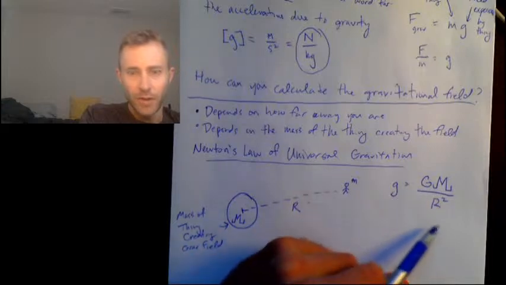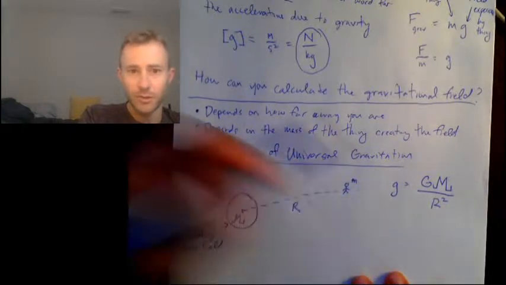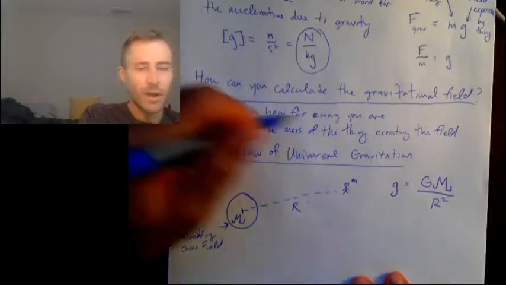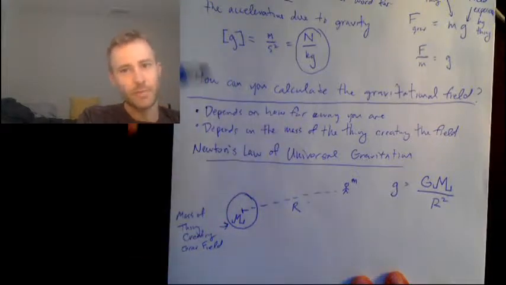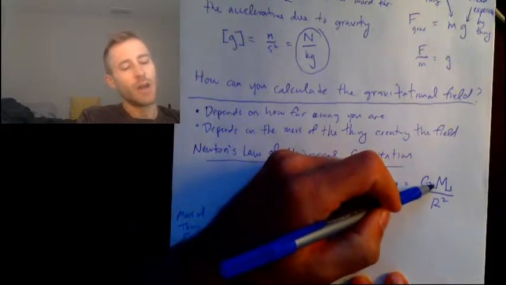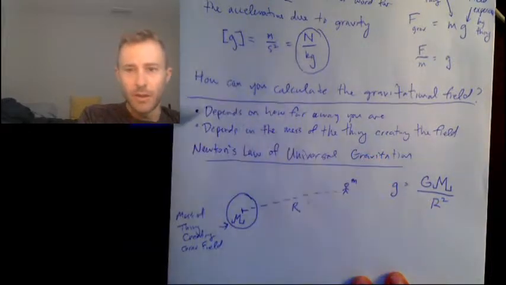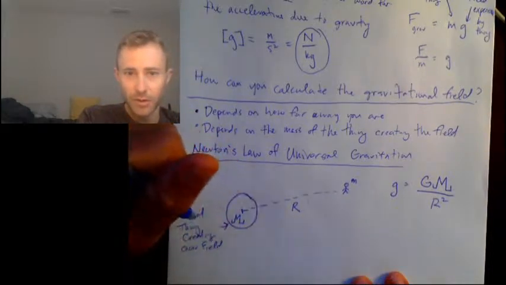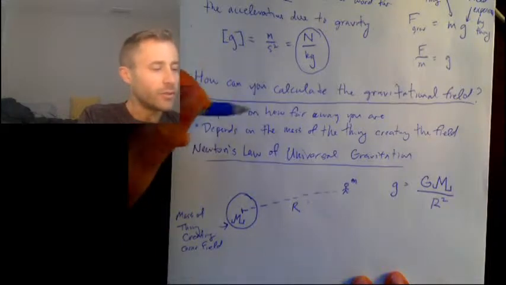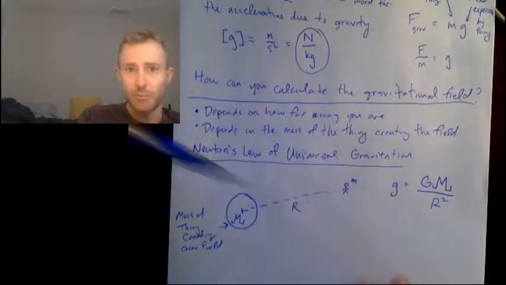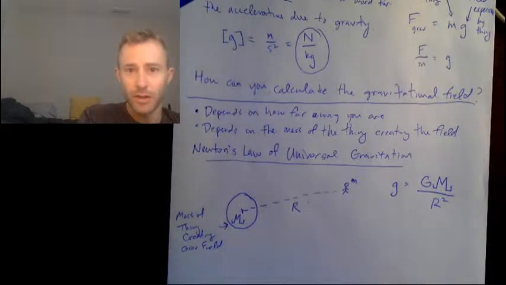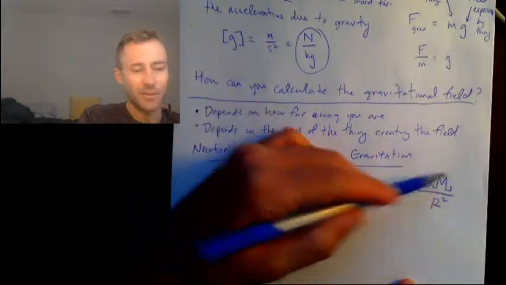So the bigger the R value is, the smaller the gravitational field. That's exactly what we said: the further you are away, the weaker the gravitational field is. We can see that Majin M is the mass of the thing creating the gravitational field, and it's on the numerator, so the bigger the mass of the thing, the stronger the gravitational field. So it's exactly what we said.